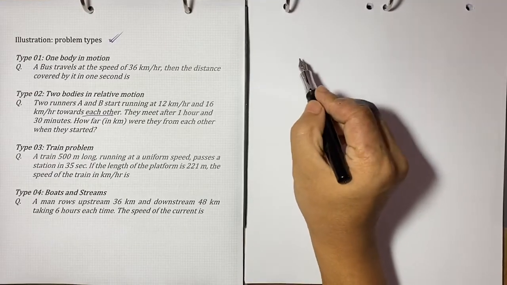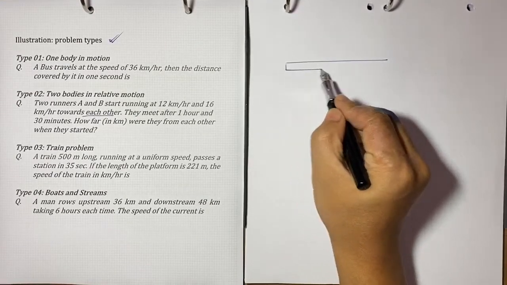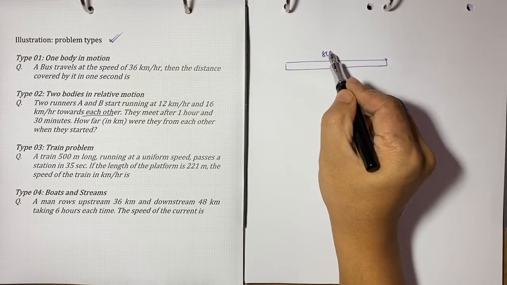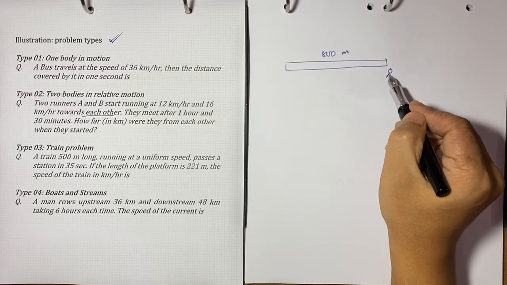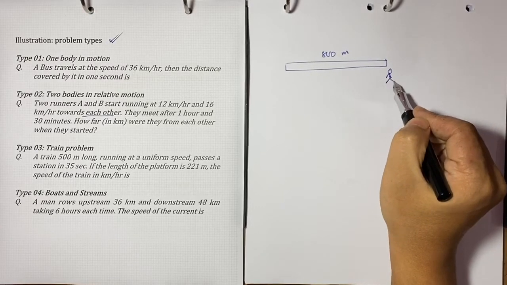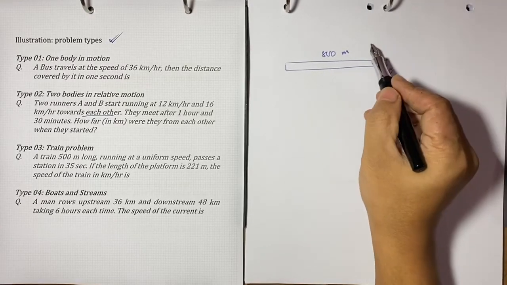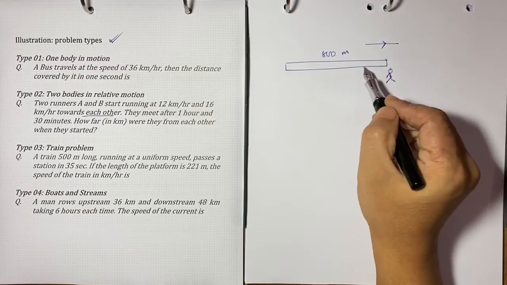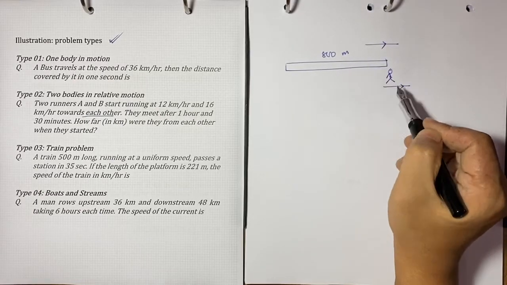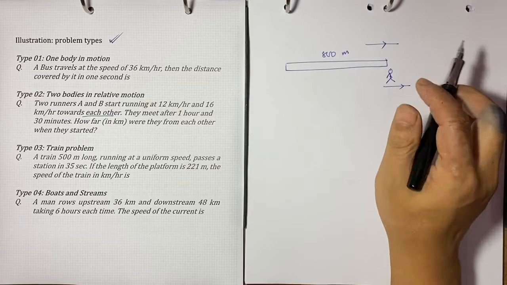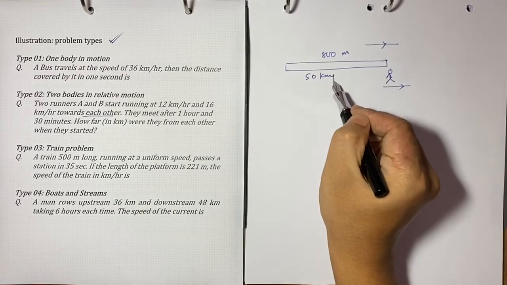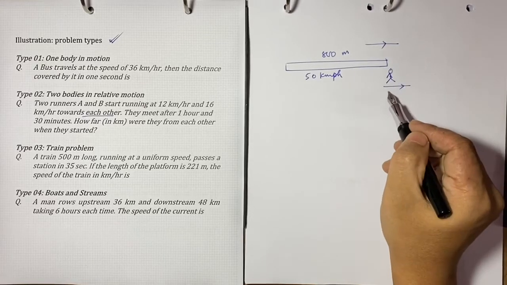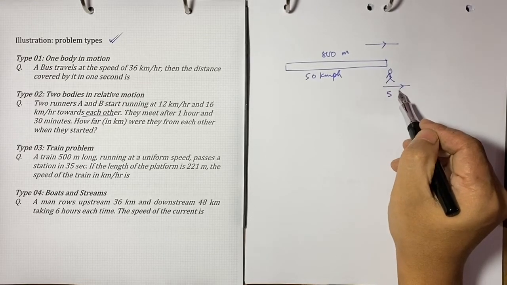For example, there is a train, suppose 800 meters, and there is a man who is walking. In this particular problem there is a train crossing a man who is walking in the same direction. The train's speed is, let's say, 50 km per hour and the walking man's speed is 5 km per hour.